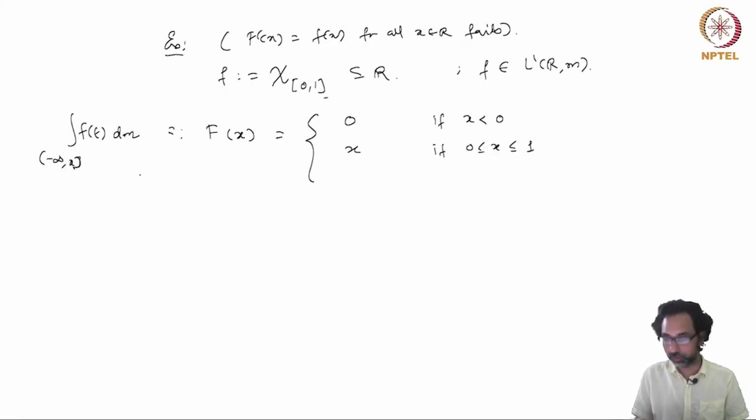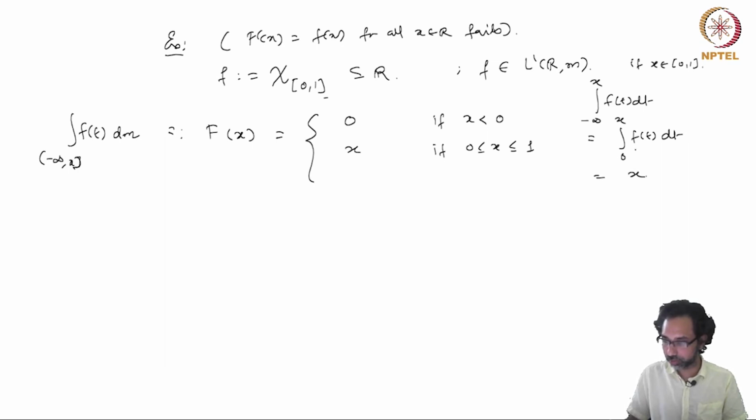So it is Riemann integrable, and so the integral from minus infinity to x of f(t) dt, if x belongs to [0,1], is equal to the integral from 0 to x of f(t) dt, and this is nothing but x, because this is just the indicator function of [0,1], so it's equal to 1 on this range 0 to x. So this is simply x. And now if x is greater than 1, then F(x) is nothing but 1.